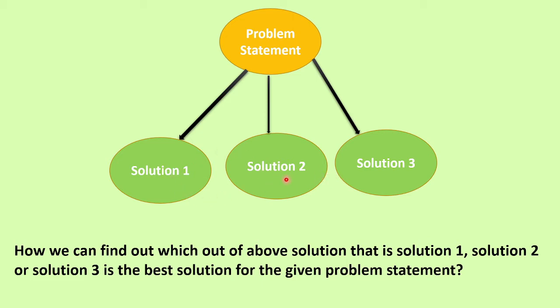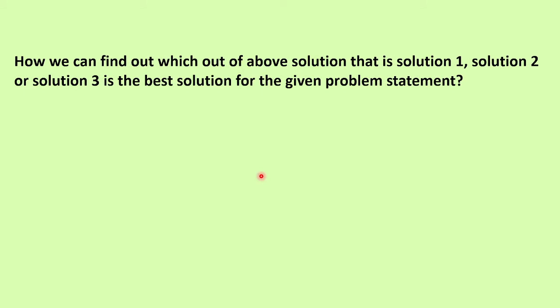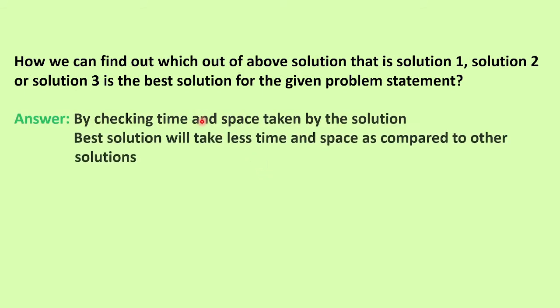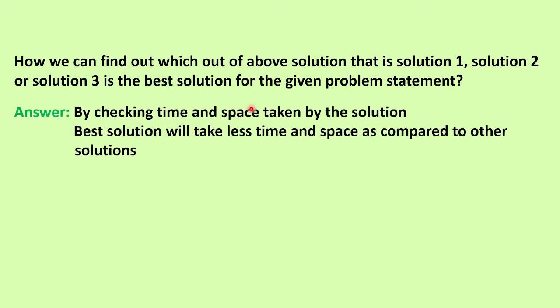So which of these solutions is the best solution for this problem? How are you going to find out? The answer is you have to check the time and space taken by each solution. I have shown you three solutions, solution 1, 2, 3. For each solution we need to check how much time and space that solution is taking to give the answer for the given problem statement.